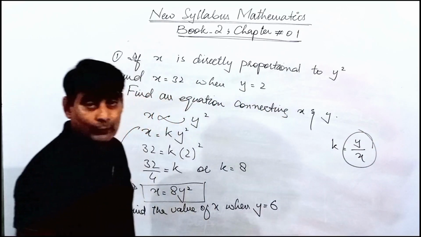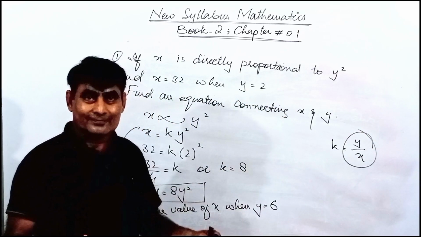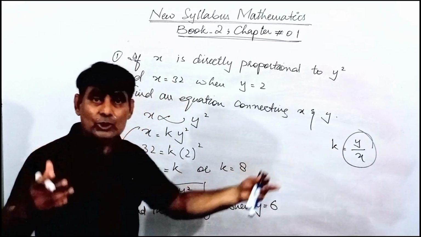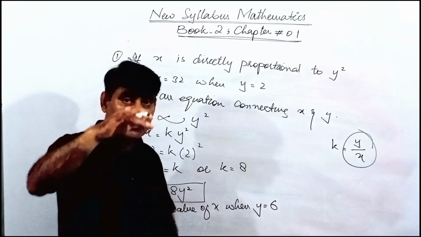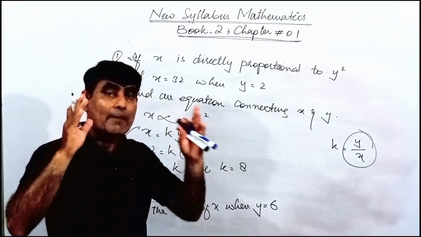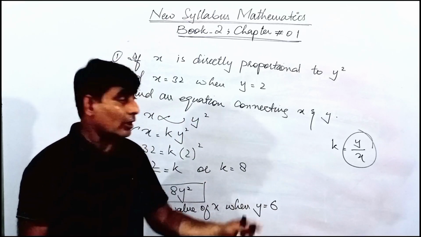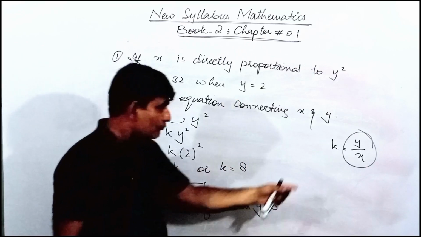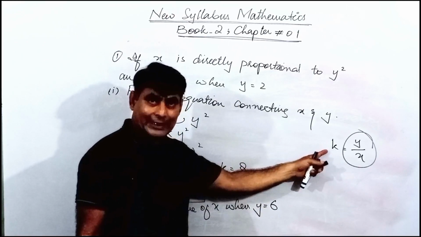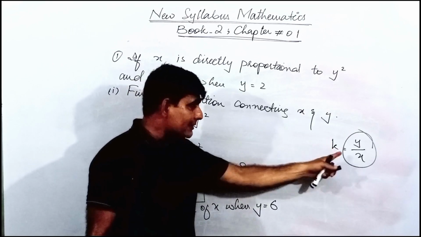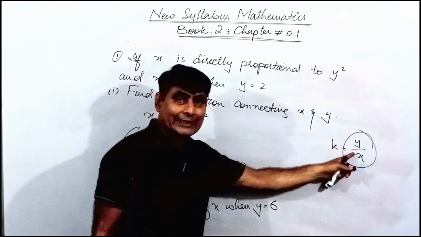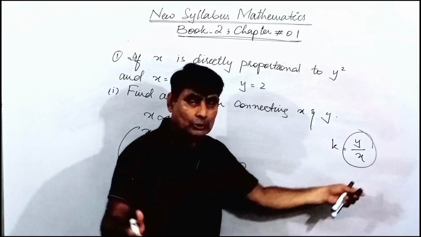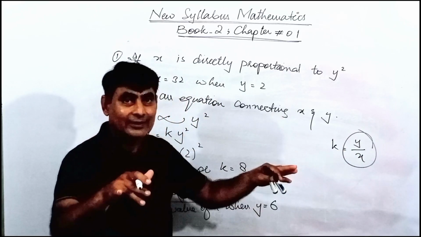Always it bears a constant ratio. If there is an inverse proportionality, they have the common product. Okay, we will talk about inverse proportionality after this. Now listen, a constant is always equal to the ratio between the dependent quantity and the independent quantity. So we are able to find out the answer directly.